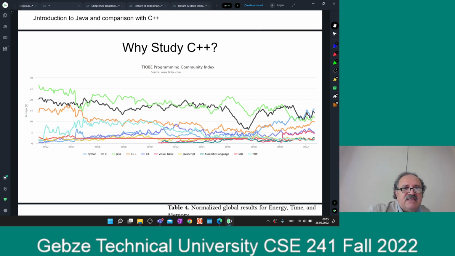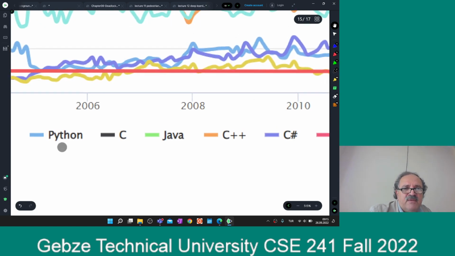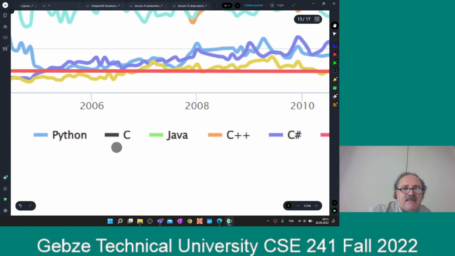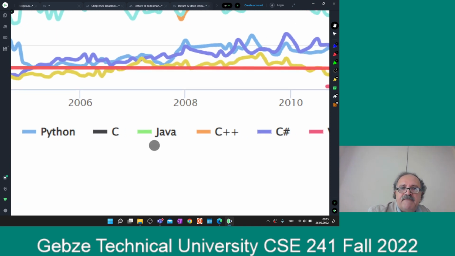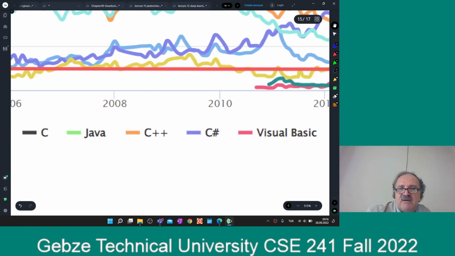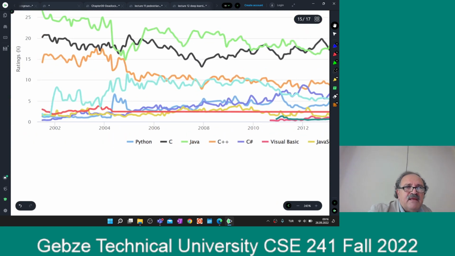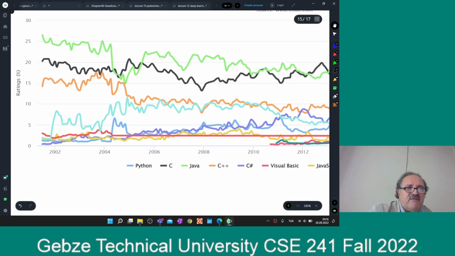Okay, this is the graph of the popularity of the programming languages in the last 20 years, and Python is blue, C is black, and kind of green is Java, then C++ is here, C#, Visual Basic, and etc. As you see, in 2002, Java was very popular at the top.